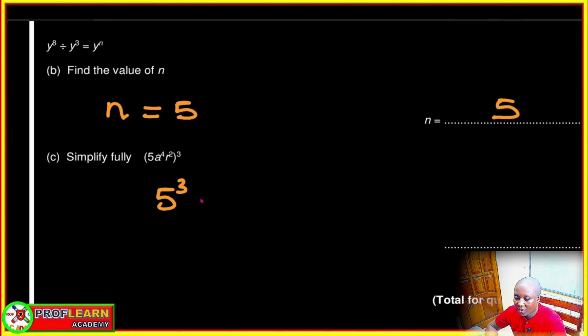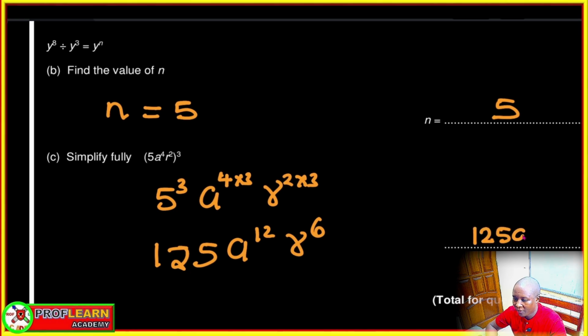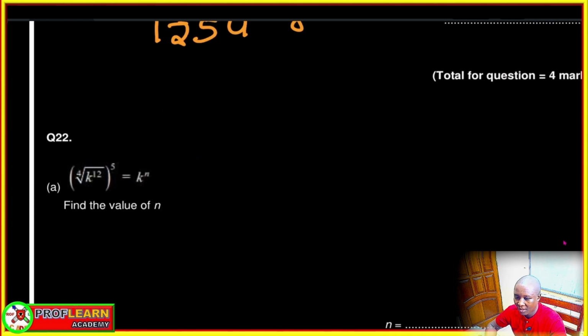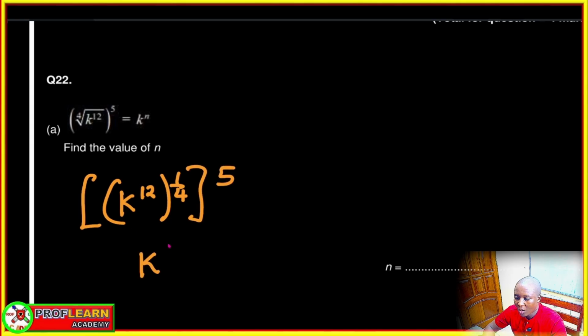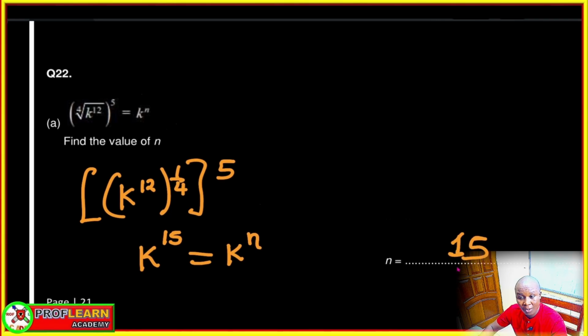And check also if you got this correct: 125, a power 12, r power 6. Check if you got everything correct. So this one we're going to write as k raised to power 12 raised to power a quarter, then everything raised to power 5. Then we're going to multiply the powers, and then we shall have k raised to power n, and n is equal to 15. As simple as that.